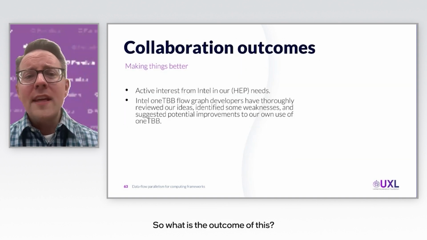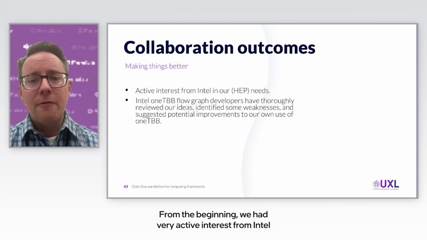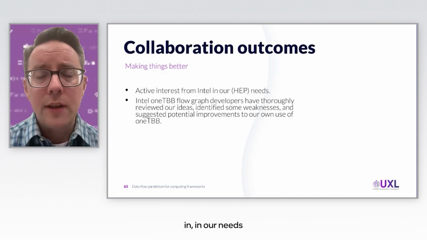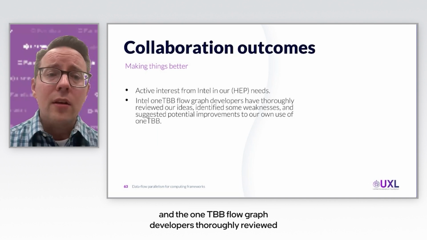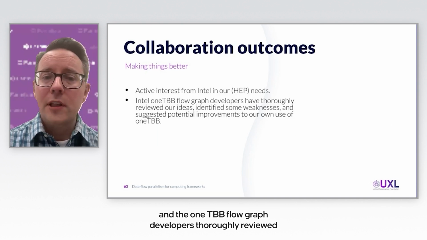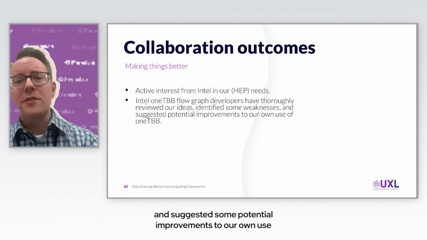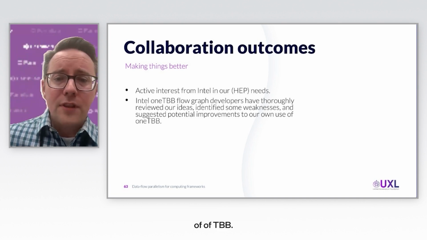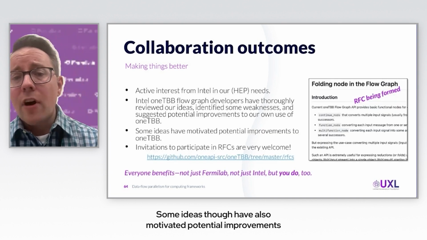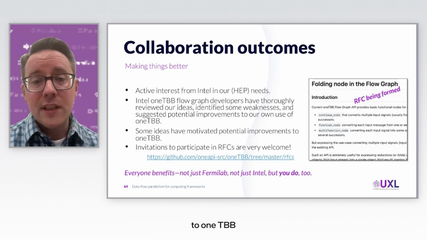So what is the outcome of this? From the beginning, we had very active interest from Intel in our needs. The oneTBB flow graph developers thoroughly reviewed our ideas, identified some weaknesses, and suggested some potential improvements to our own use of TBB. Some ideas, though, have also motivated potential improvements to oneTBB.